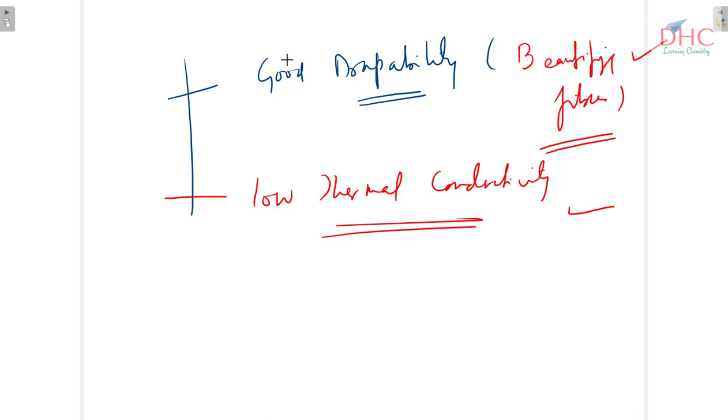An important point is that it's essentially used for clothing purposes, and those clothes have good drapability and good resilience also.